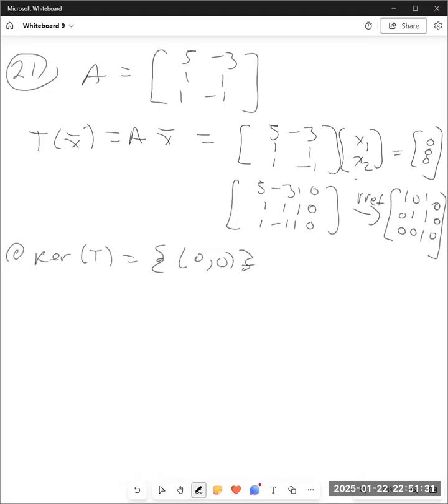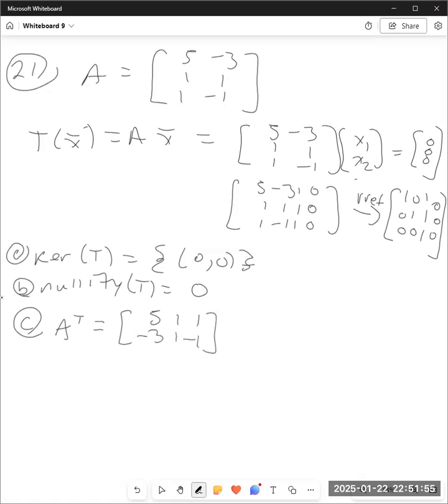So the nullity of T again is 0. There's a dim of 0 there. A transpose is equal to [5, 1, 1; -3, 1, -1].